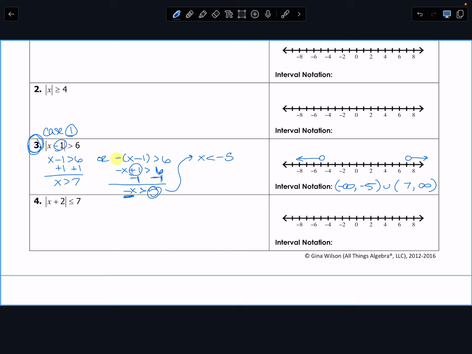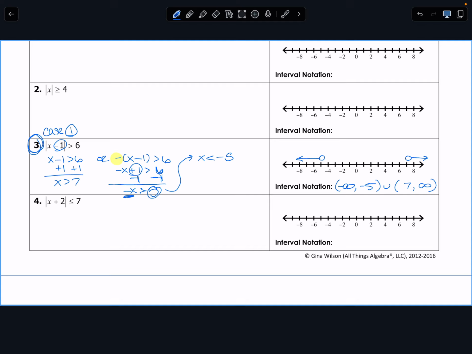Yes, Mason. Alright, so when you're splitting up absolute value, like for number 2, if you split it up, 4 is either -4 or +4. So it's x is greater than or equal to 4, and x is greater than or equal to -4.